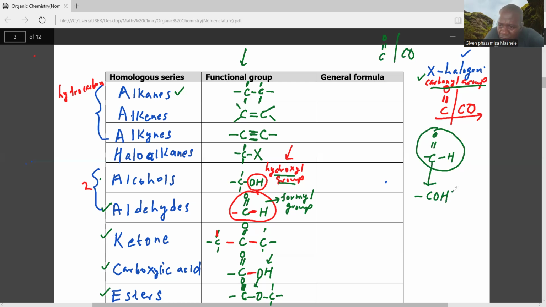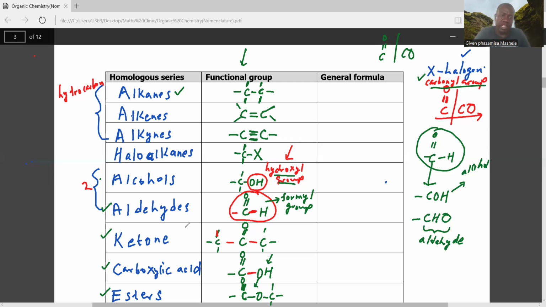This is an alcohol. But if we change it to CHO, this now becomes an aldehyde. So COH is an alcohol, but CHO is an aldehyde. I believe you are following. In the exam, they usually ask, so you must be able to differentiate between the two.